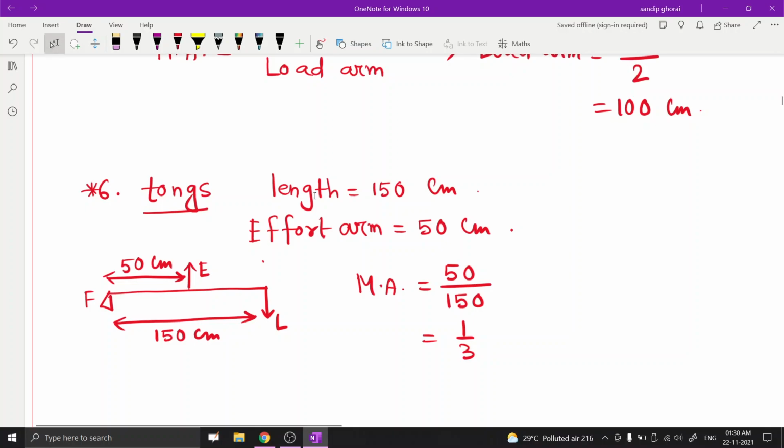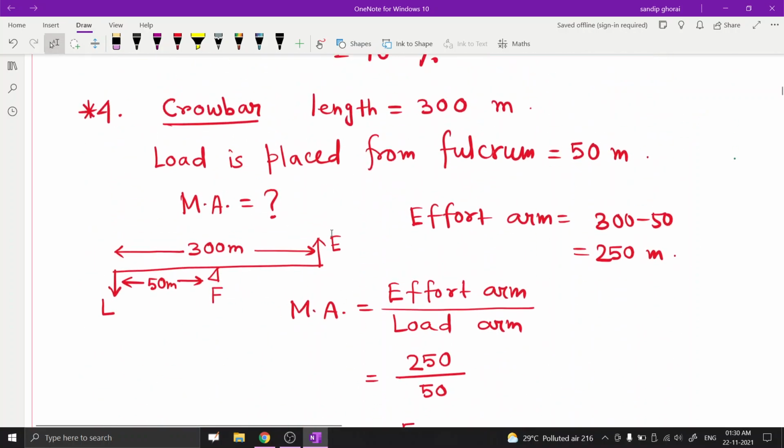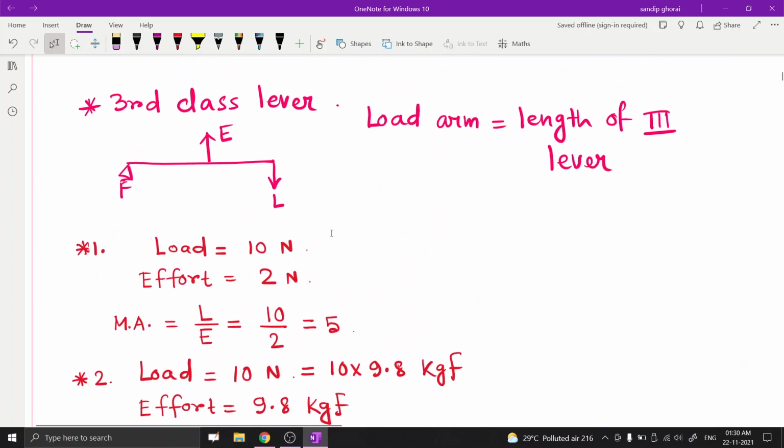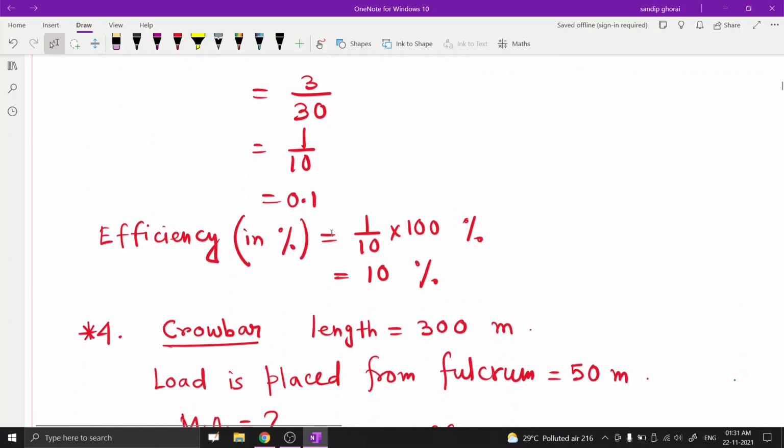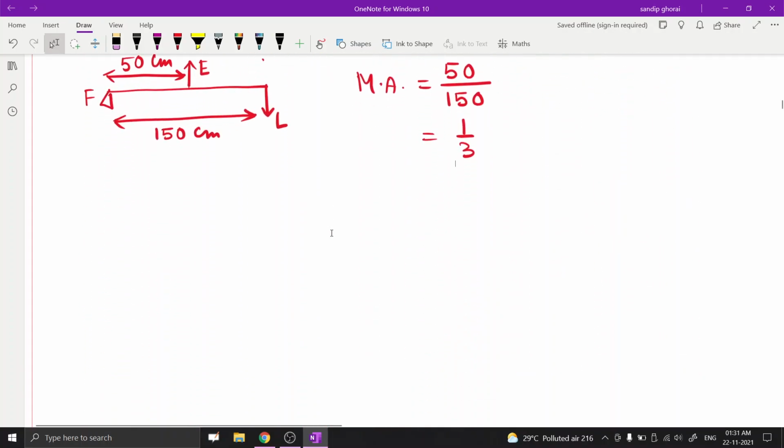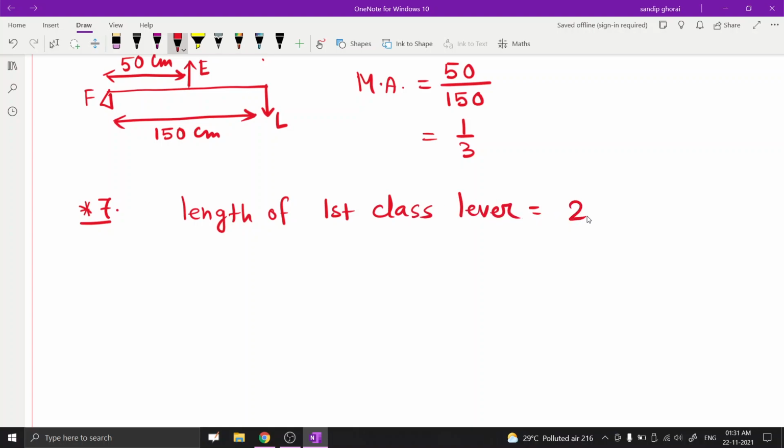These are the different types of problems. Also suppose we take question number 7. We want to find out, suppose the length of a first class lever is 240 centimeter, that is given.